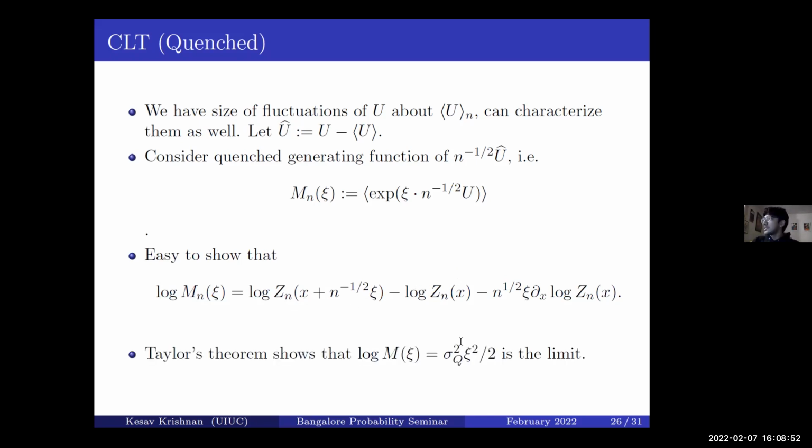You can apply Taylor's theorem because all our derivative terms are bounded. So the limit of the log generating function of the scaled number of unpaired vertices is just sigma squared times a quadratic term, which implies that it converges in distribution to a Gaussian.